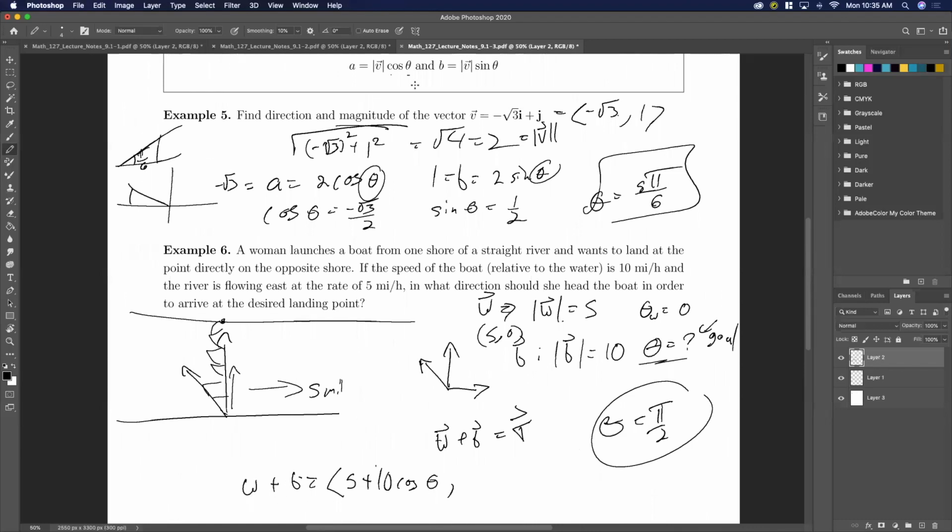I know what the magnitude is, I don't know what the angle is, I'll just leave it as that. That's what I'm looking for. Then this is going to be 0 plus 10 times the sine of the angle I'm looking for.